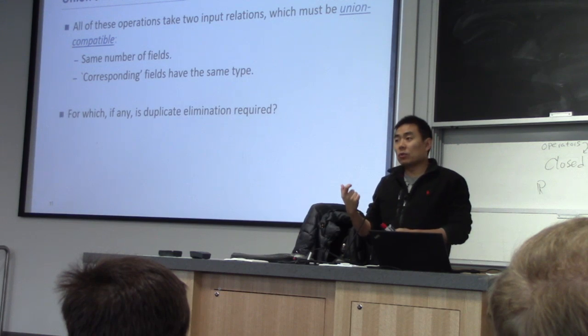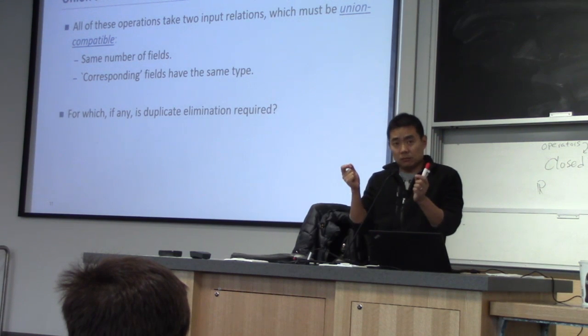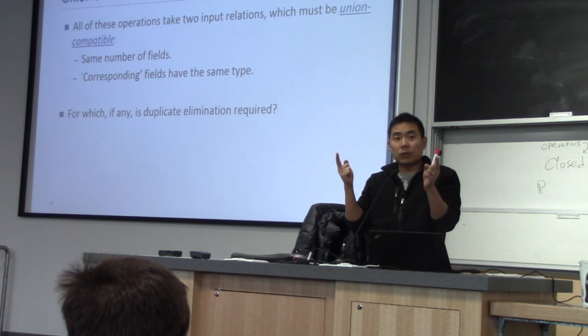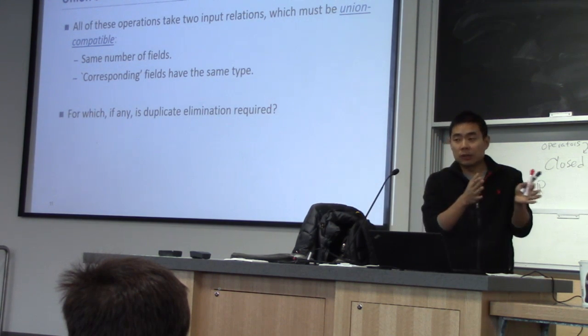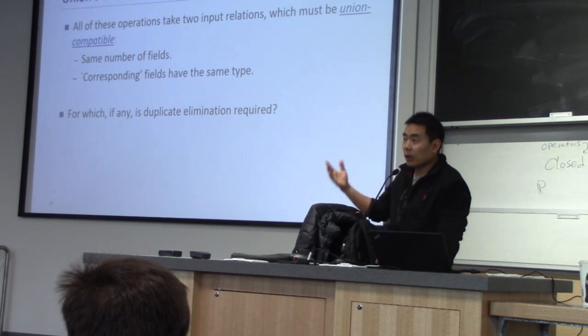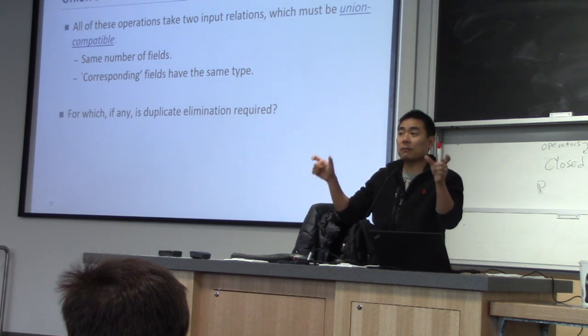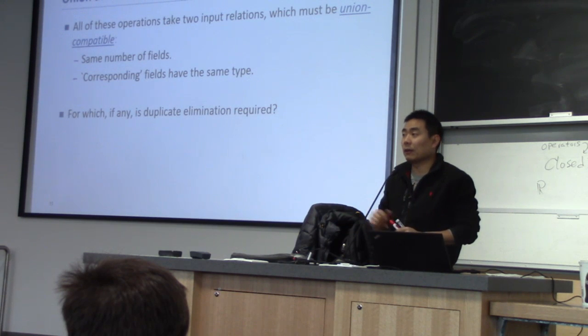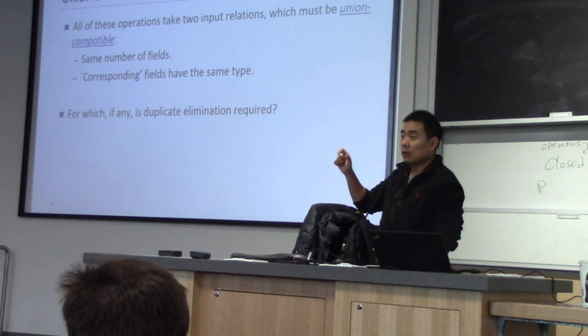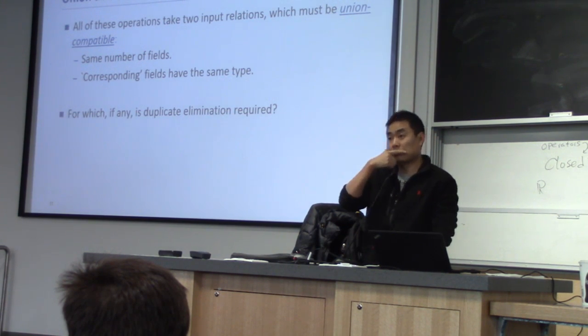So what do I mean by union compatible? Well, the two relational schemas serving as the input to either a union or set difference operator must have the same schema. They must have the same schema in order for you to apply either the union or set difference operator.